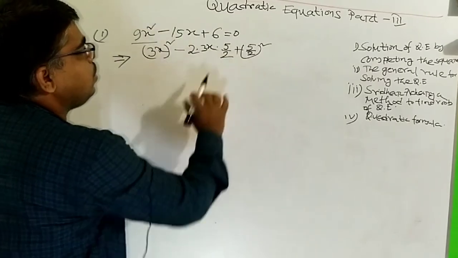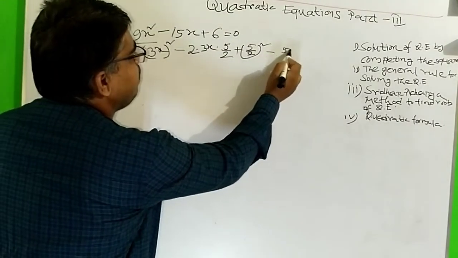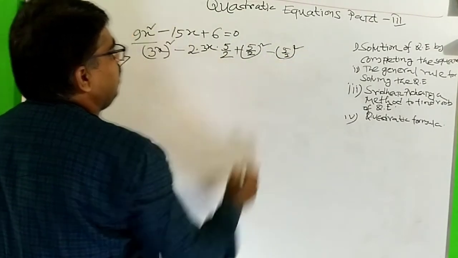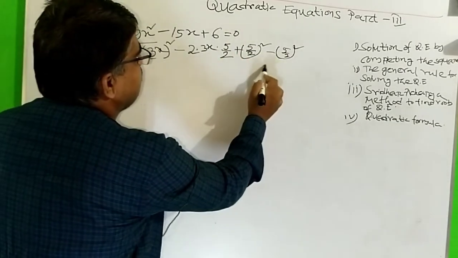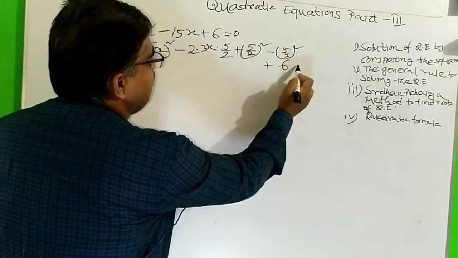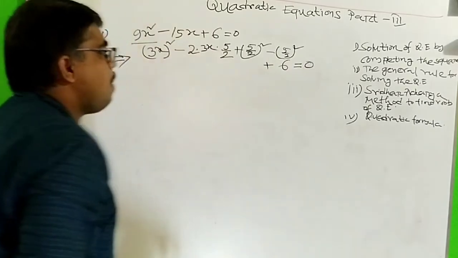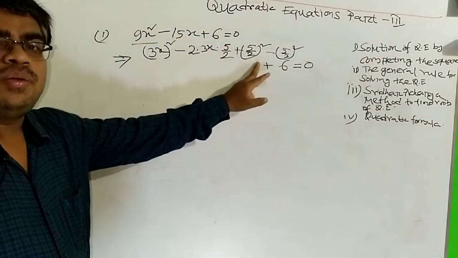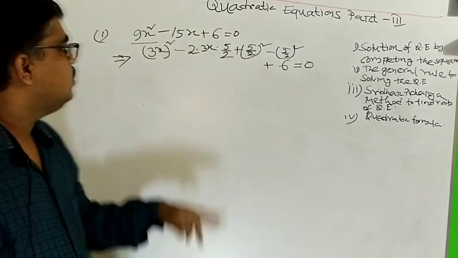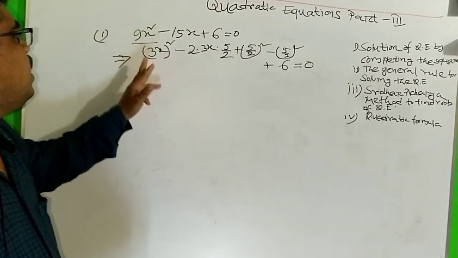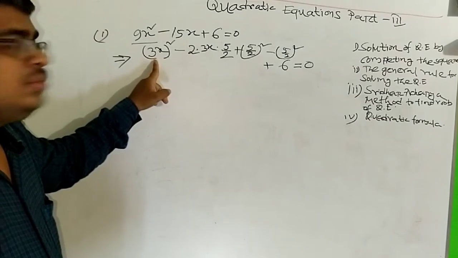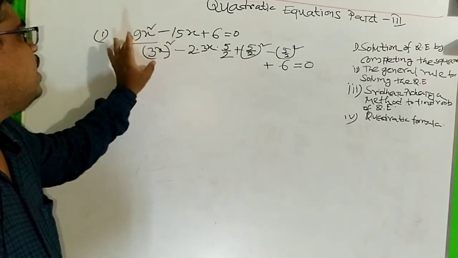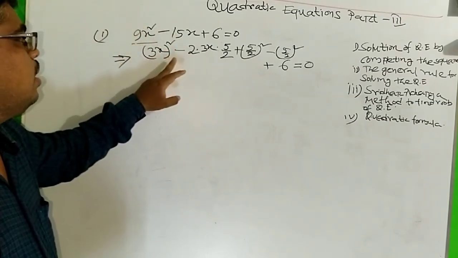We add 5 by 2 whole square and we subtract 5 by 2 whole square, and 6 is as usual, equal to 0. Notice it, 9x square is equal to 3x whole square.